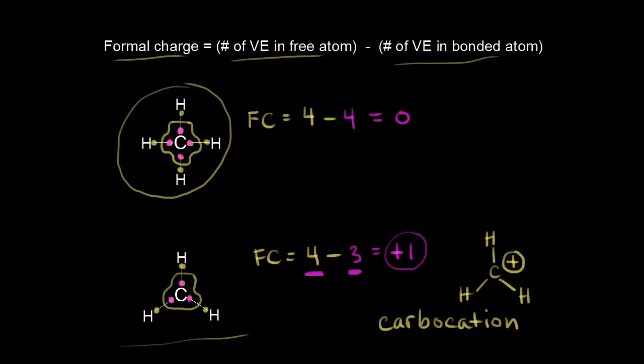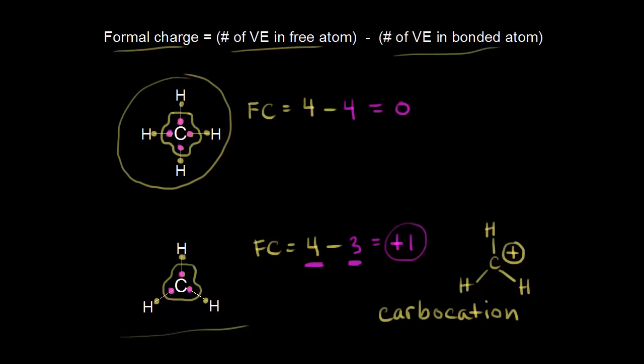All right, let's think about the pattern that we see here. We have 3 single bonds around this carbon. Let me go ahead and highlight them here. So here's 1, 2, and 3. So we have 3 single bonds around our carbon, and we have 0 lone pairs of electrons around that carbon. So 3 bonds plus 0 lone pairs of electrons will give you a positively charged carbon, will give you a carbocation.